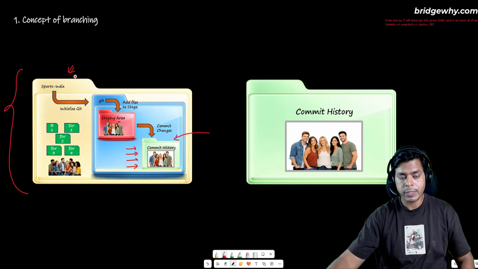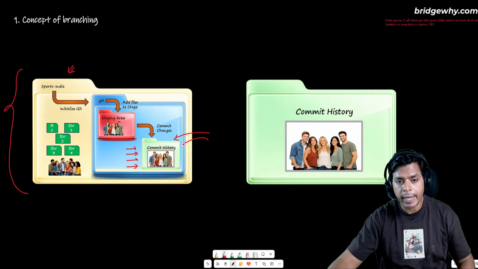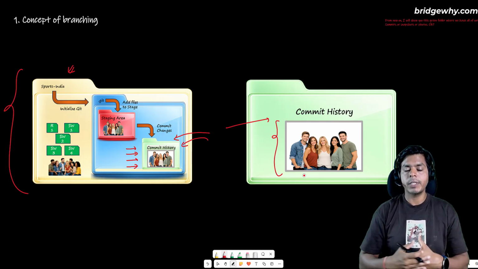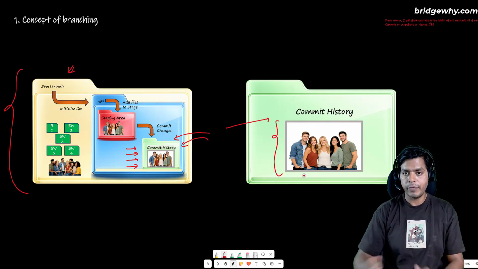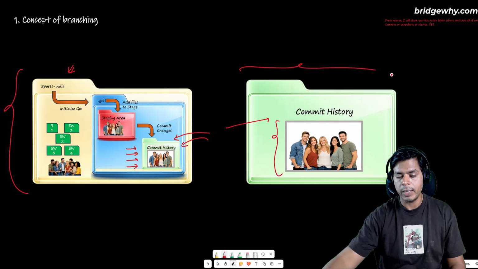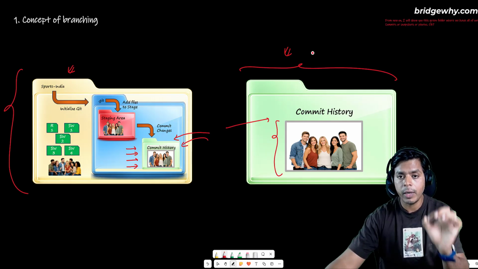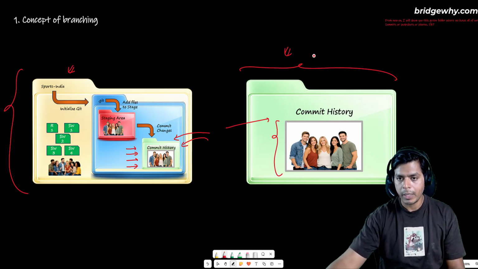What I'm going to showcase is what exactly happens inside the commit history. Commit history saves your snapshots or commits. So from now on, whatever board you see will have this green folder. Have this in your mind that this is your commit history. I will be showing you commits here.